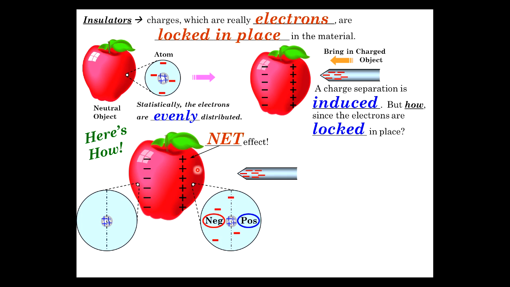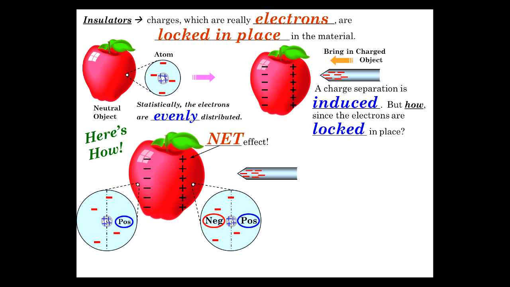Now, that's being done to all the atoms in the apple. So a corresponding atom on the other side, it'll happen there as well. But the effect will be a little less pronounced. Nevertheless, it's still a little effect on all the atoms.